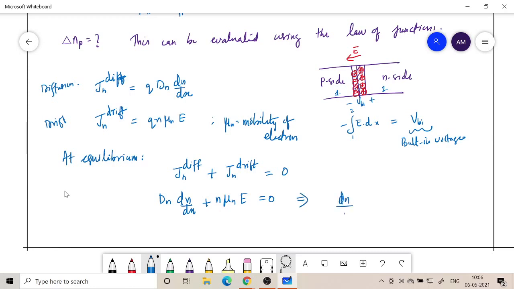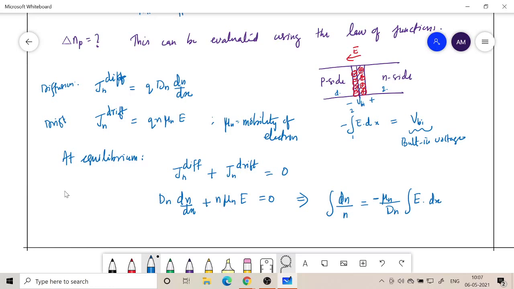We can say dN by n is equal to minus mu n by Dn, E dx. I just rearranged, and then I am going to integrate on both sides. There is going to be a minus sign also, because when I take this E term to the other side, there is a minus sign with it. So I am going to separate the variables: one variable is n, the other variable is x.